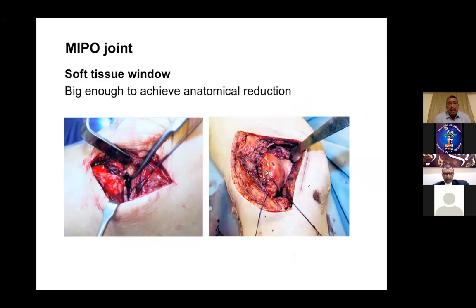I would like to comment on these minimal invasive plating techniques in two aspects. First one, when we use it in articular fractures with metaphyseal extension, we should have a soft tissue window opposite the articular fracture big enough to expose the articular block in order to achieve anatomical reduction of the articular surface and to have good orientation.